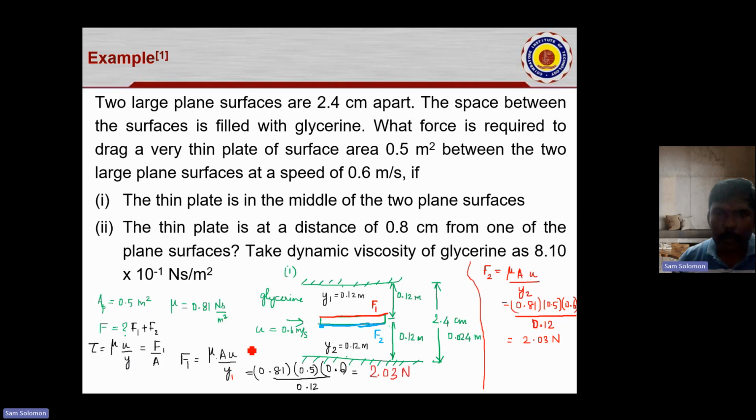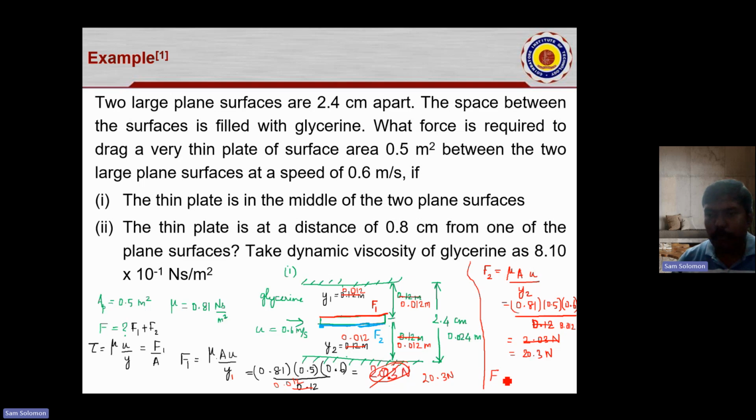Let me use, so let's say this guy is 0.012 meters. This guy is 0.012 meters. So this guy is also 0.012. So that makes it 20.3 newtons. So this guy is supposed to be 0.012, and this guy is 20.3 Newton as well.